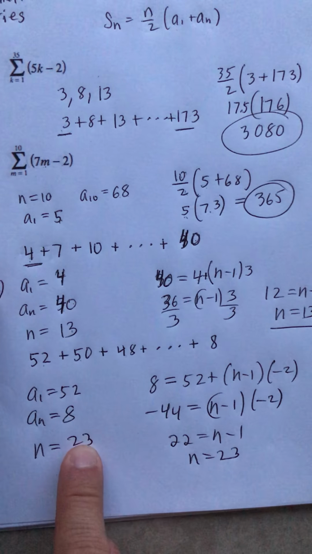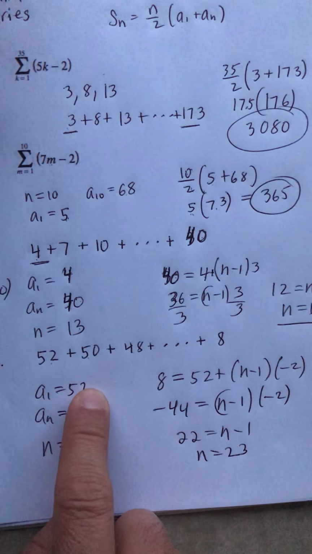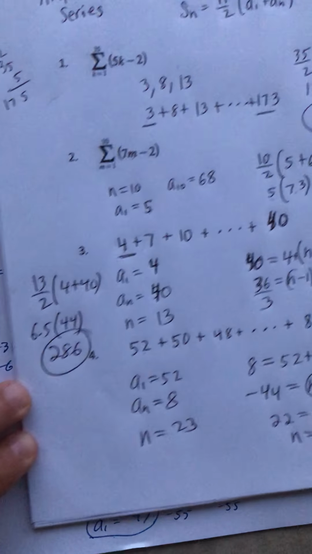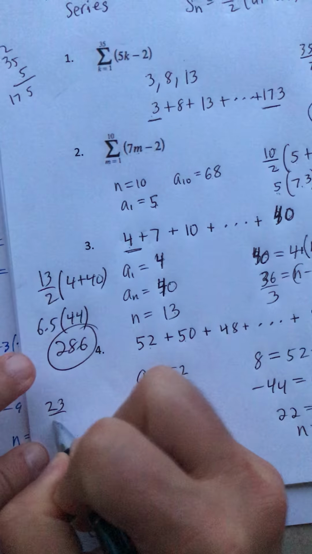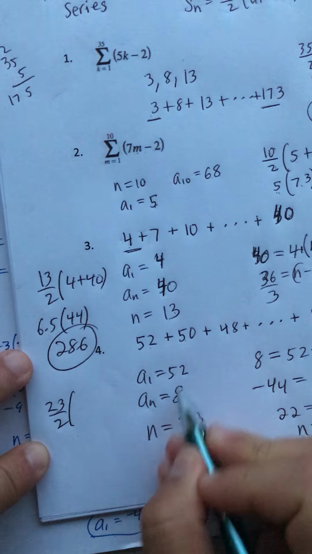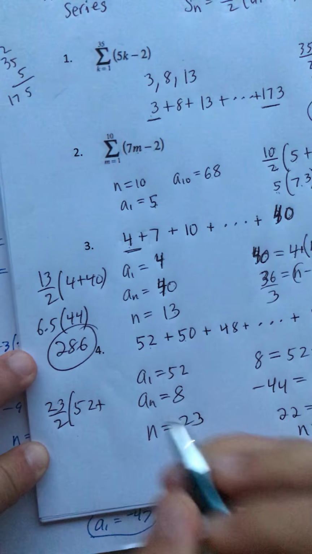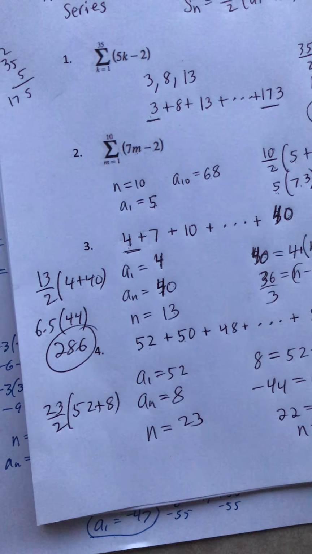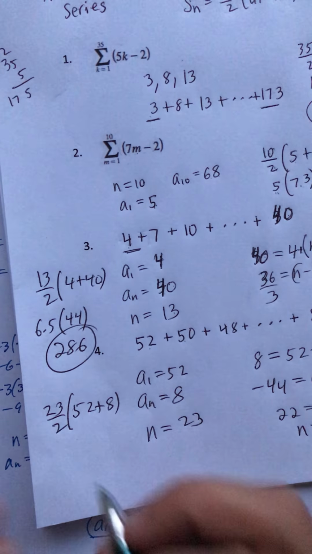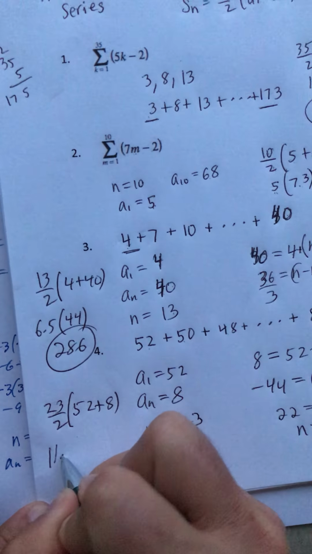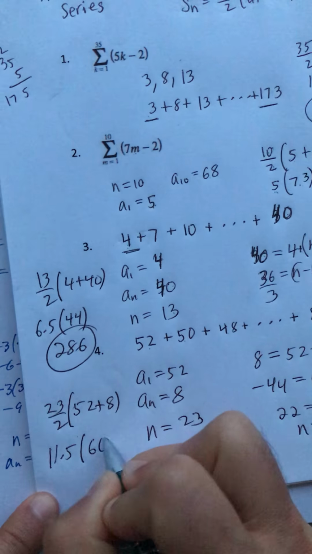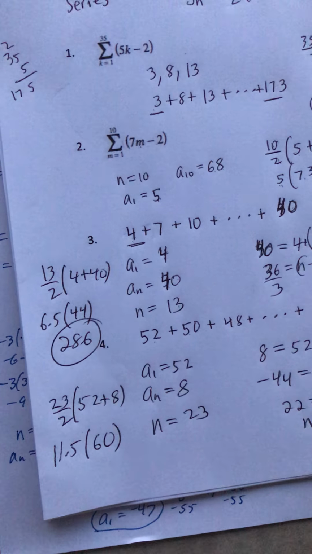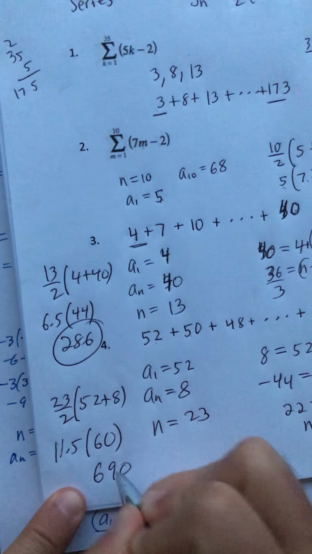So now I have all the information. To find the sum, I'm going to use this formula. Number of terms is 23. Divide by 2 and add the first term and the last term. 52 plus 8, that's 60. 23 divided by 2 is 11.5 times 60, and that multiplies to 690.